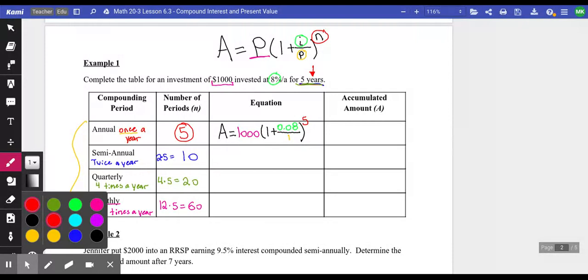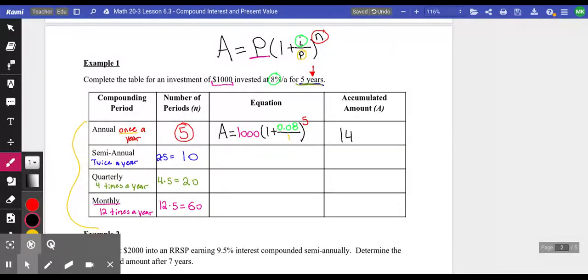And then multiply that by 1,000. So do the brackets first, exponent second, and then multiply by 1,000 to get a total of $1,469.33. That's the total amount that would be in his investment account if he was compounding annually at a rate of 8%.